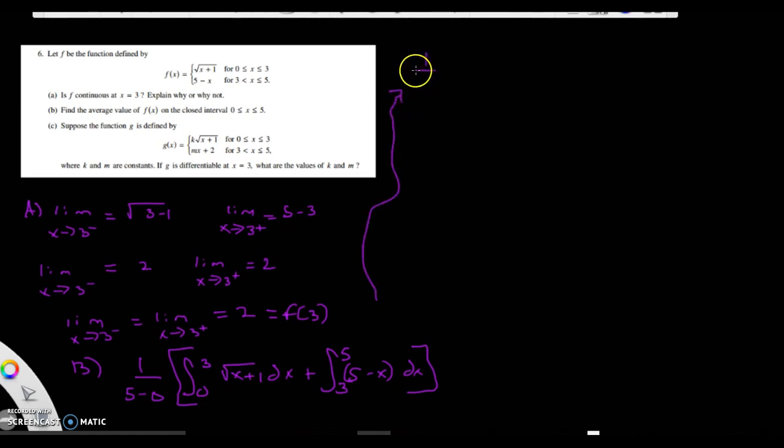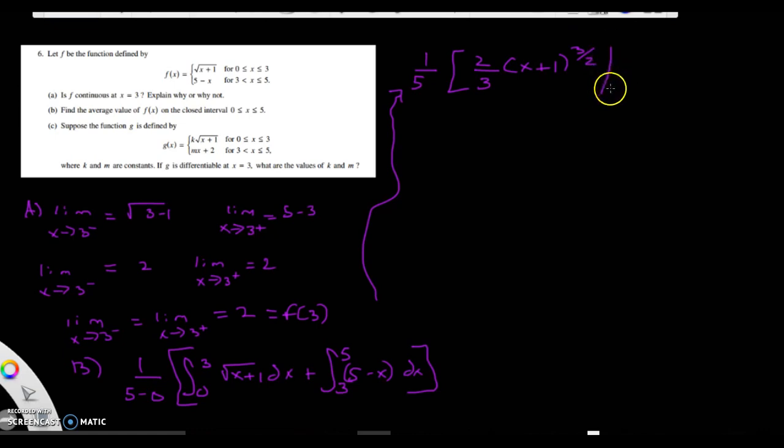So I'm going to get 1/5. The antiderivative of x plus 1 to the 1/2 is going to be, you have to add 1, so you're going to get 3/2, and when you divide, you're going to get 2/3, x plus 1 raised to the 3/2.